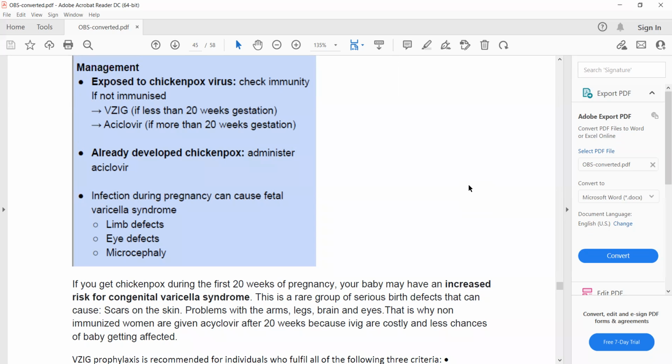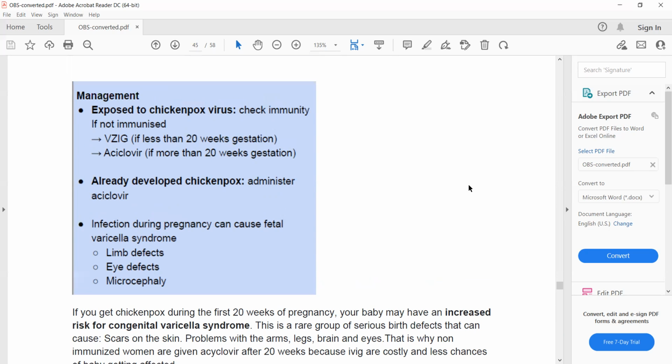Remember that we will give varicella zoster immunoglobulins to an exposed lady if she is less than 20 weeks of gestation. Why do we give varicella zoster immunoglobulins if it's less than 20 weeks gestation?